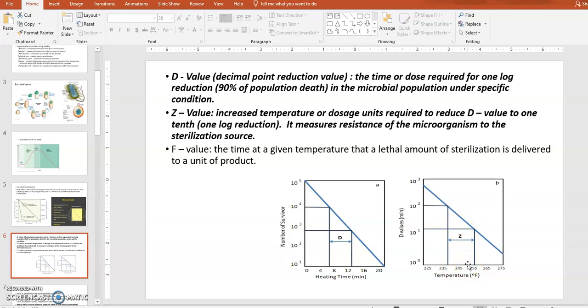The F value is the time at a given temperature that a lethal amount of sterilization is delivered to a unit of production. Anyway, just understand, if you are a QC scientist or PD scientist, you need to understand what the D and Z values are to determine the right temperature condition or dosage of your sanitizing agent and things like that.